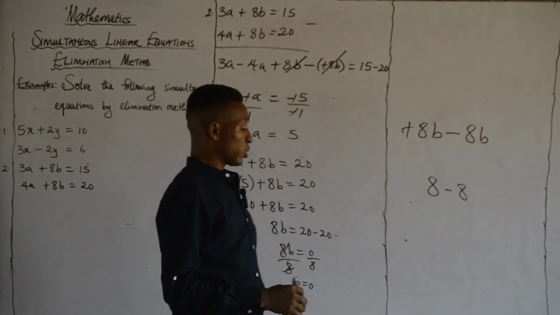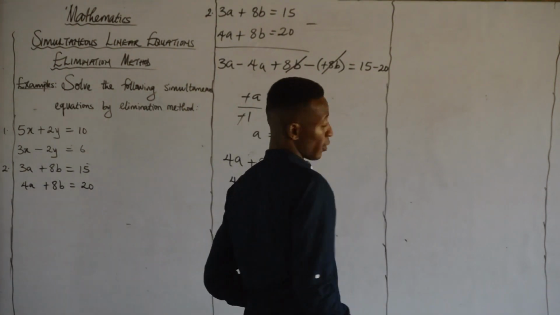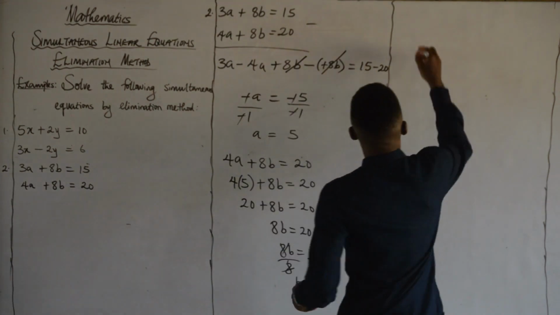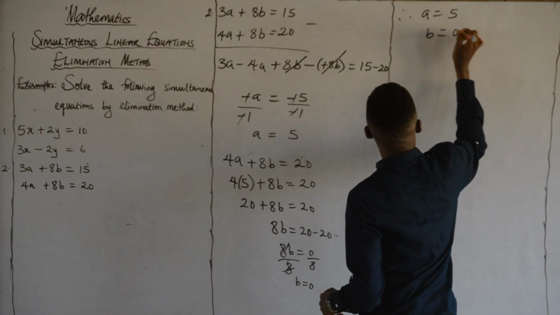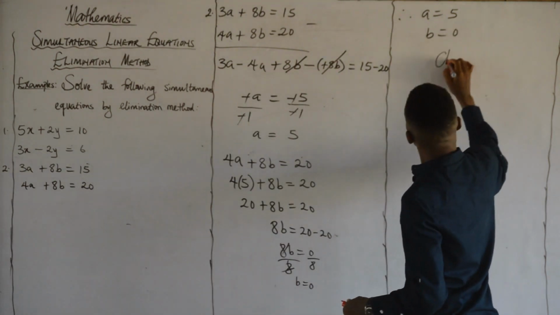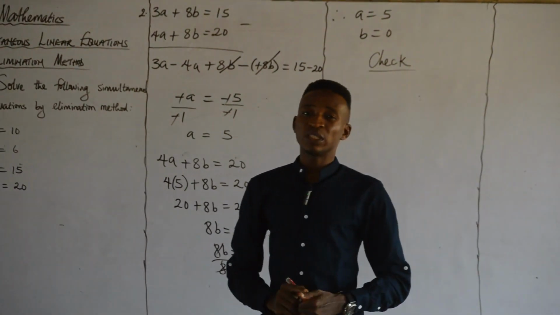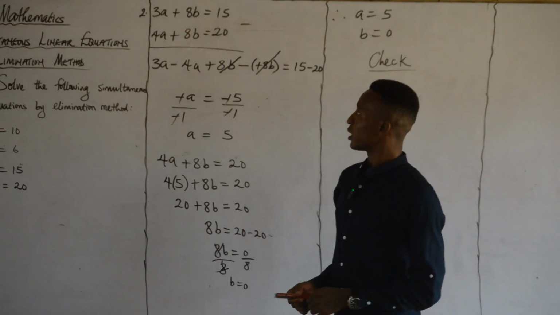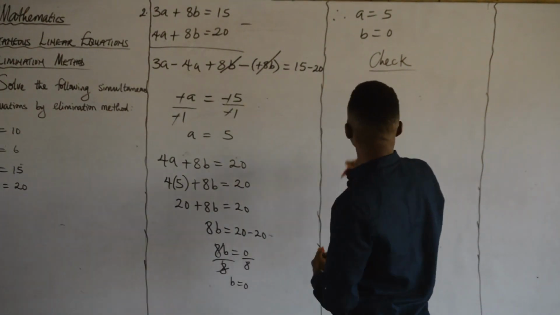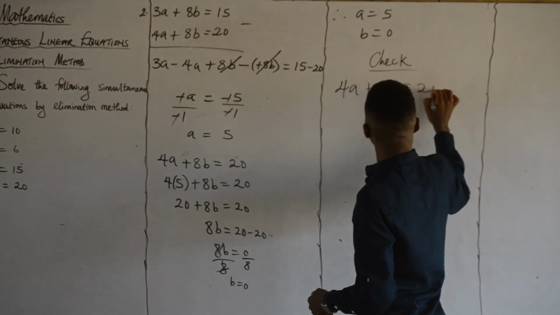So writing out our answers now. For the answers, we have therefore a equals 5 and b equals 0. So let's check. But for my checking this time around, I'm going to use just one equation. If you want to try it on your own, you can use any of the equations to check. So let me use my equation 2 to check. 4a plus 8b equals 20.